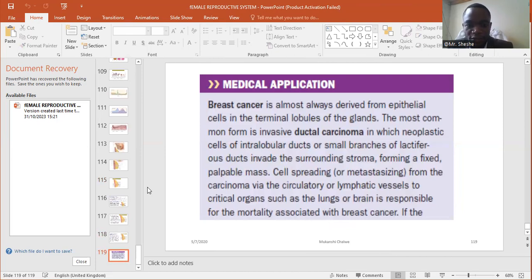Needless to say, breast cancer now is a common phenomenon, especially here in Africa and Southern Africa, to be specific, Zambia included. More cases of breast cancer are being treated, and you see that there are different types of breast cancer, and of course, different types require different types of intervention.